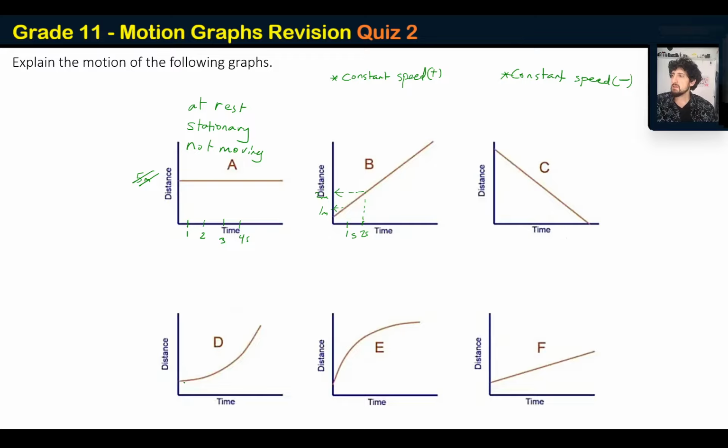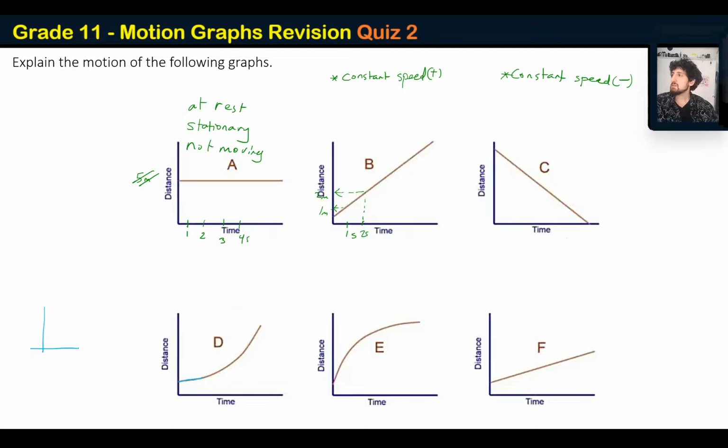Well, D starts off over here, so it also is offset, so it doesn't start off at 0. But then watch what happens. I'm going to go with blue. I've got a gradient over here, and then over here, it's much, much sharper. So what does that mean? That means the speed has gotten more.